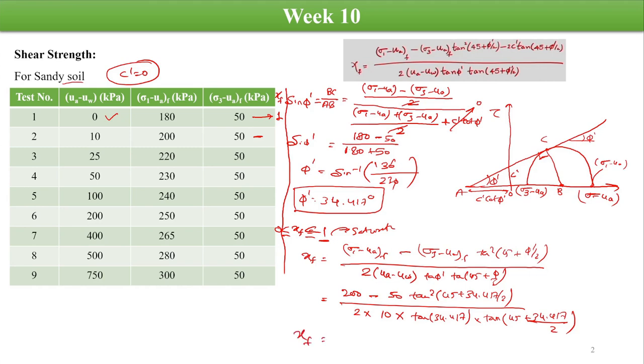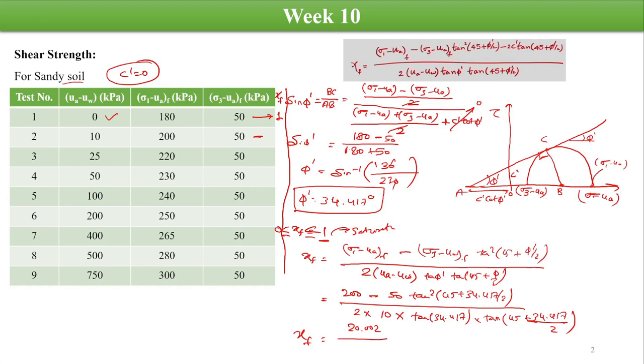So the xi f value we can calculate: 200 minus 50, into tan of 45 plus 34.417 divided by 2, and we put a square. In the numerator, we will get 20.002.